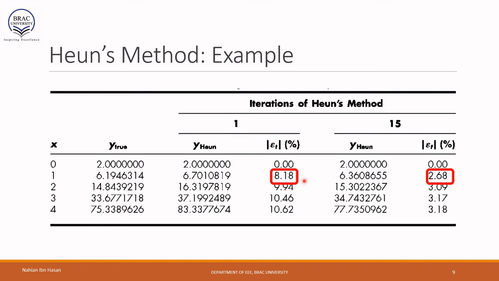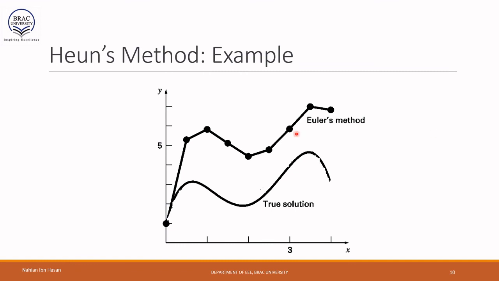Whenever we are using a single iteration, the errors are much larger than the errors whenever we are using 15 iterations. So using different iterations we are reducing the error. In Heun's method there is a provision that we can use iterative results to get a more precise result.